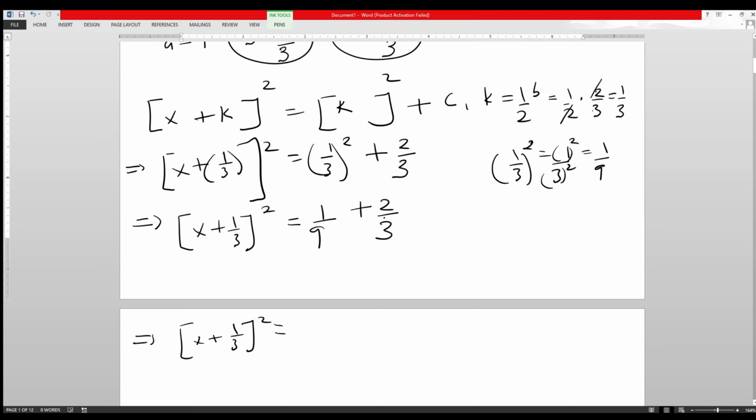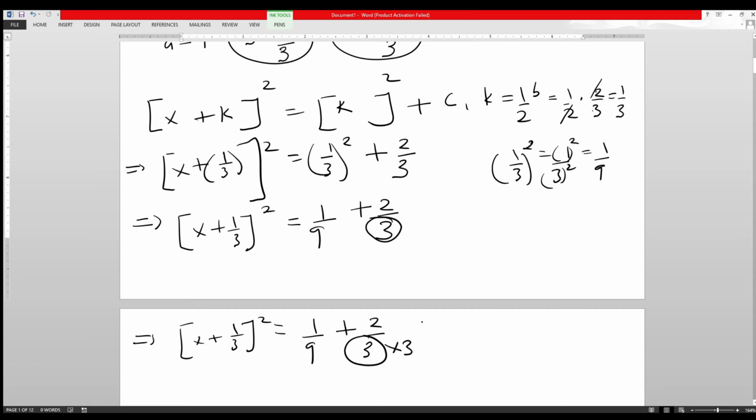Now, I want to rewrite this 3 such that it has a denominator of 9. The reason why I'm doing that is so that I can easily simplify it. If the denominators are the same, then I know that I can add the numerators. So I have 1 over 9 plus 2 over 3. I want to make this denominator 9. It means I have to multiply it by what? 3.